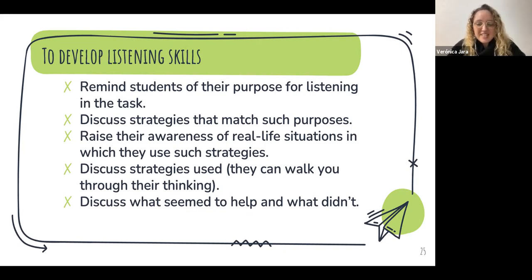And I don't know if this has ever happened to you, but it has happened to me with some students that sometimes they were aware of the theory, let's say, of what they were supposed to do, yet when they started doing the activities, they wouldn't put that strategy into practice. They kept on doing exactly the same thing. I don't know if you understand what I'm trying to say.